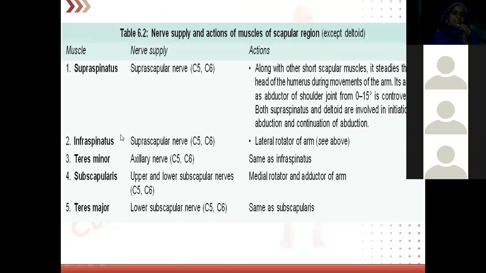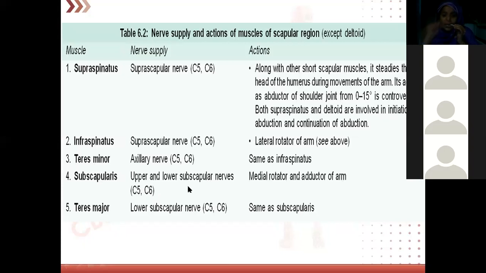Coming to the nerve supply, we have already covered this when we were doing the brachial plexus. Just now I told you, deltoid and teres minor are supplied by the axillary nerve. Supraspinatus and infraspinatus are supplied by the suprascapular nerve. Subscapularis has upper and lower subscapular nerves.